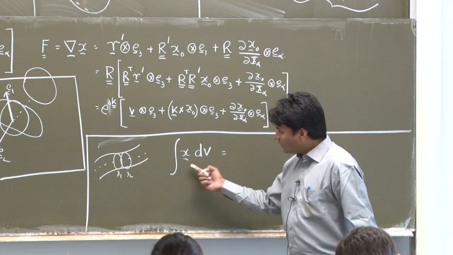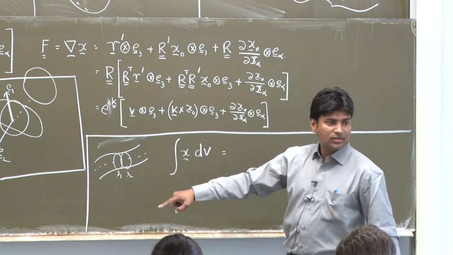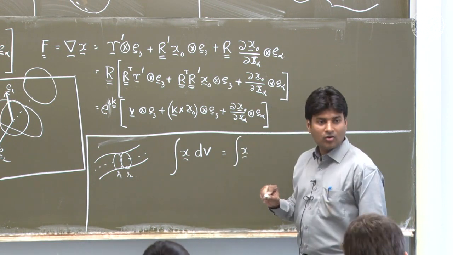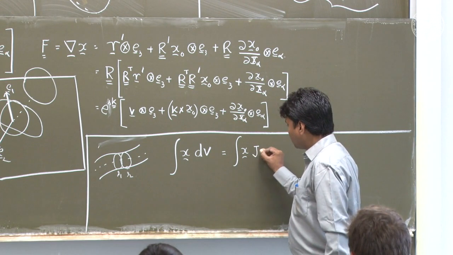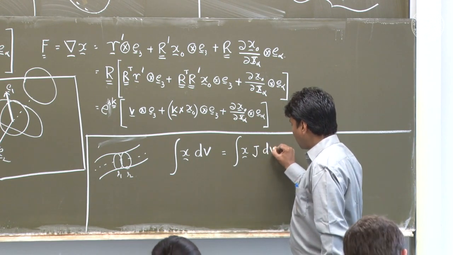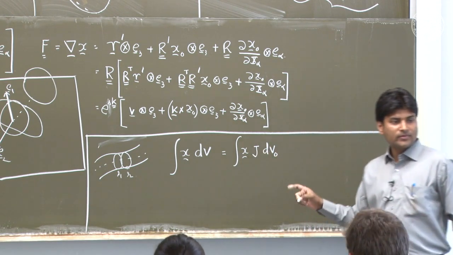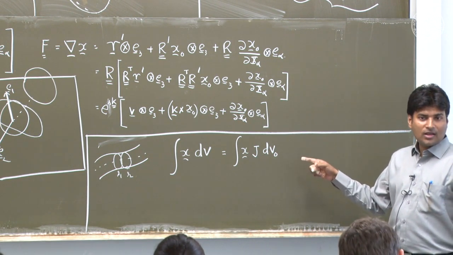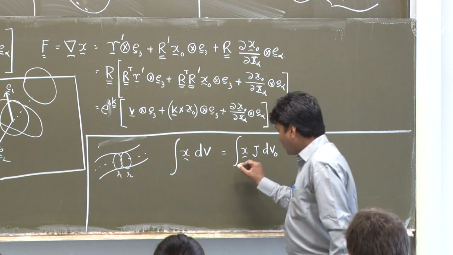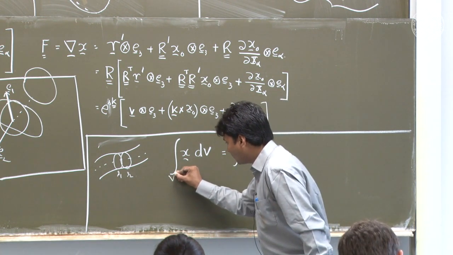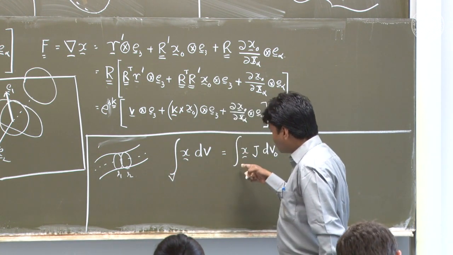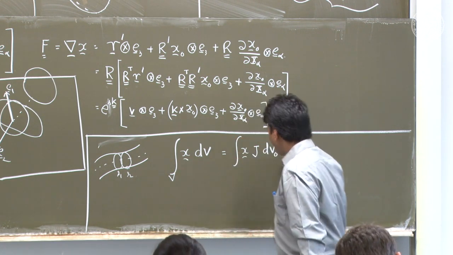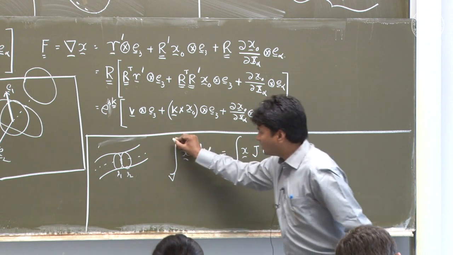Now, if you want to convert this into Lagrangian, this becomes little x times Jacobian into dV naught, isn't it? And you say this is the integration over the volume. So, now since this is Lagrangian volume, you could also write this as, so it is a triple integral, of course.